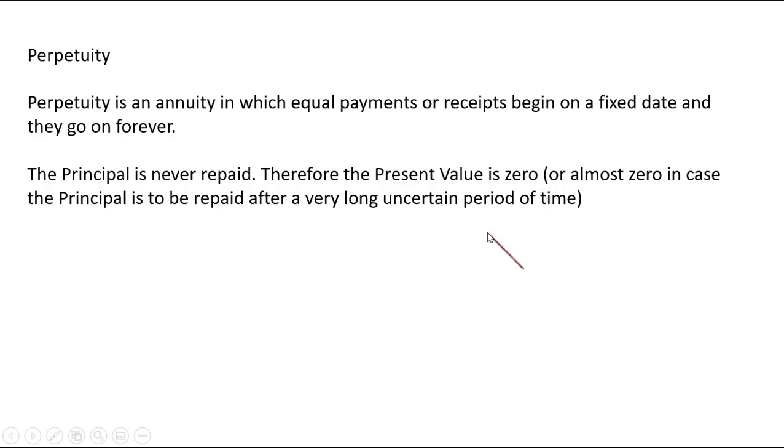But you're going to get the annuities every year or every month throughout your lifetime. So the formula for present value of an annuity with a subscript of infinity is R upon I, which means you're not going to get your principal back, but you're going to get the interest forever and ever and ever.